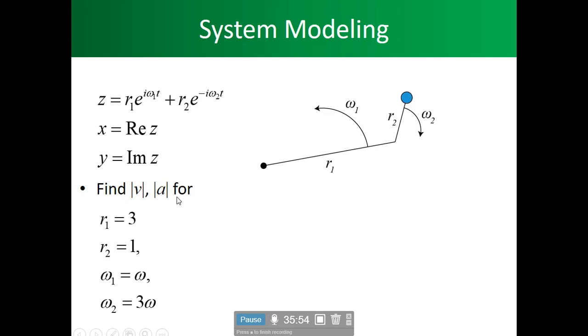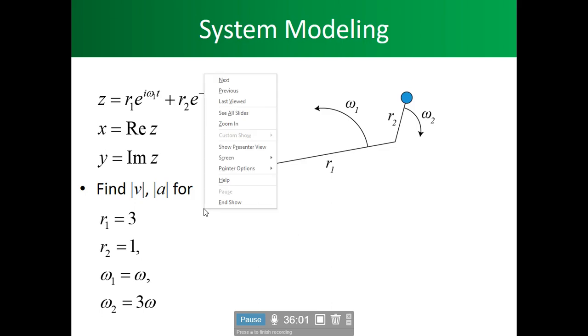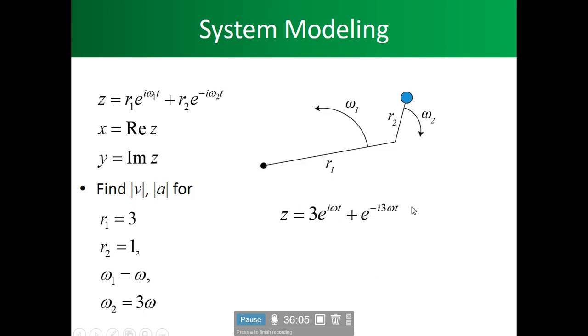Then we have the voltage, not the voltage, the velocity. We want to find the velocity and the acceleration. But for us to do that, what do we need? We need what the equation originally is. So what is z? This is the equation. What we need to do is take the derivative to find the velocity. If you take the derivative of this, what will you get?